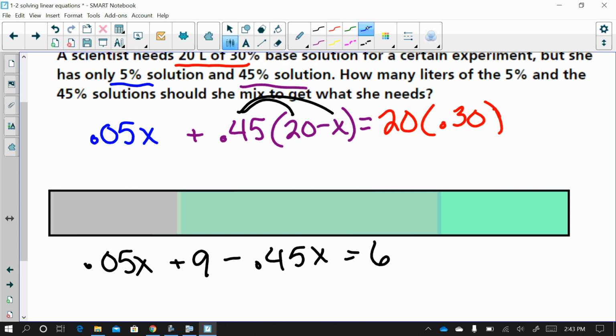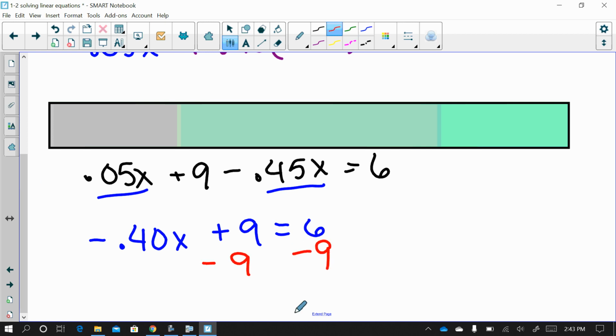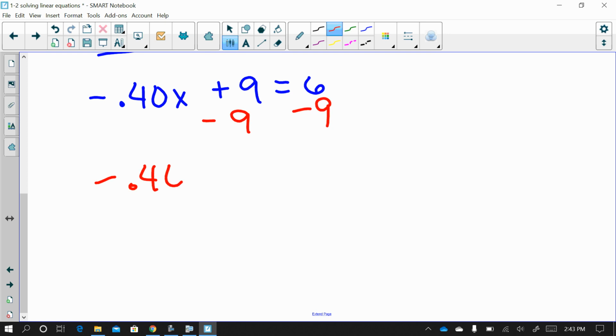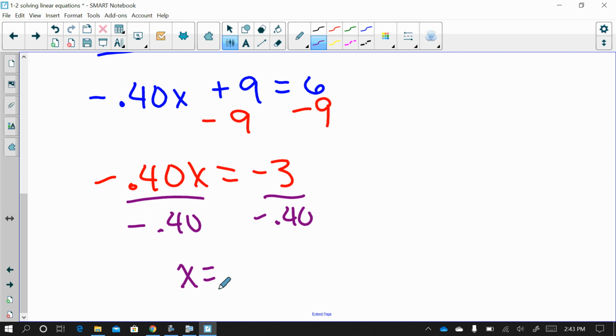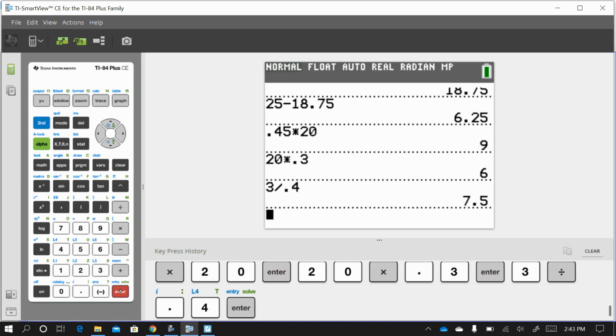Okay, let's combine our like terms. 0.05 minus 0.45 is negative 0.40x plus 9 equals 6. Subtract 9. Negative 0.40x equals negative 3. The last step is to divide. X equals 7.5.